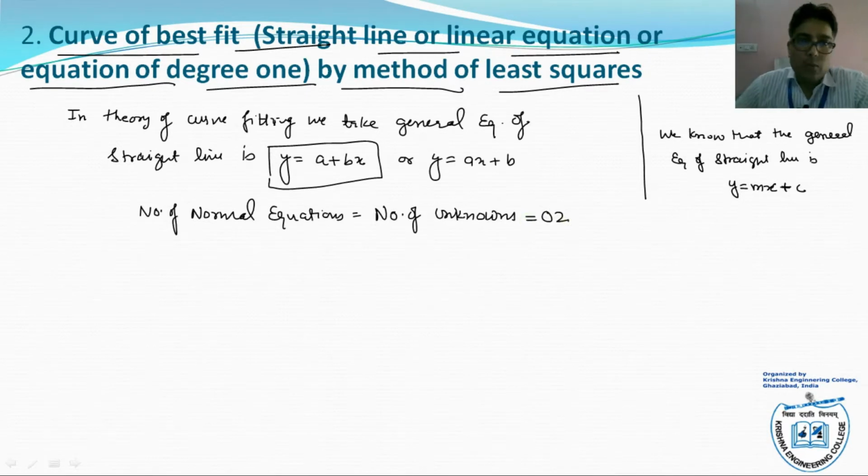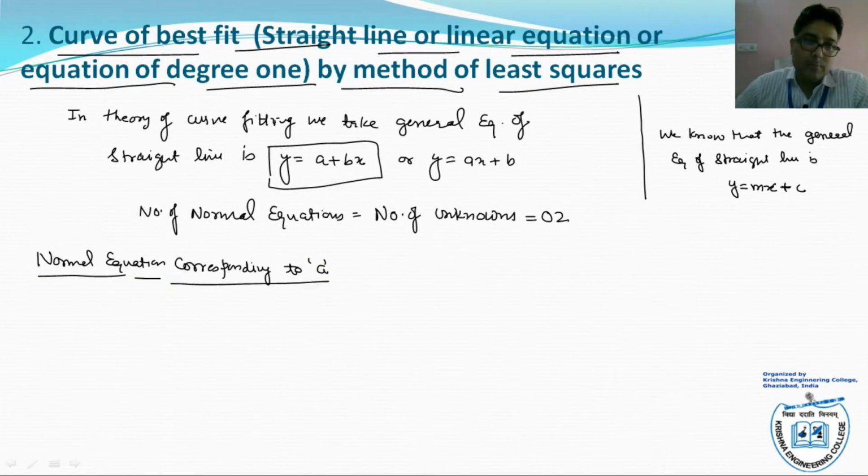Now find the normal equation corresponding to a by method of least square, the normal equation corresponding to unknown a. This is equation number first.